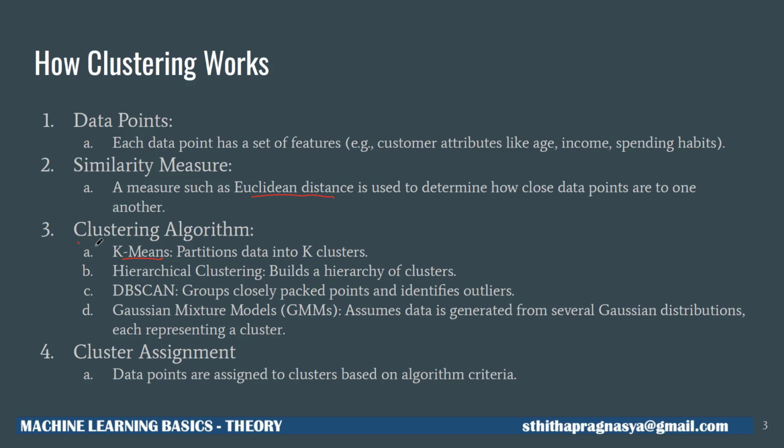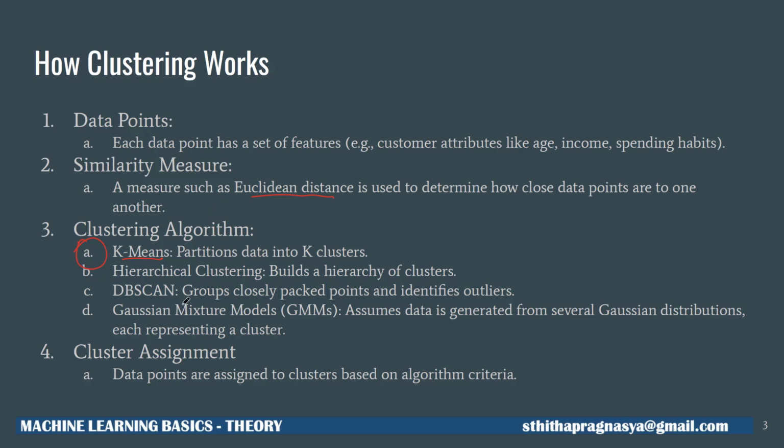We have seen only one clustering algorithm so far, which is the k-means. Remember it, right? Again, if I have to explain these algorithms, k-means is a popular algorithm that partitions the data set into k clusters, with each point belonging to the cluster with the closest mean. And hierarchical clustering creates a hierarchy of clusters by either merging smaller clusters into larger ones or splitting larger clusters into smaller ones.